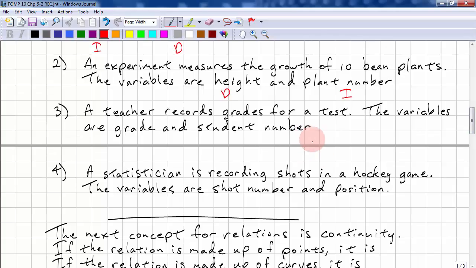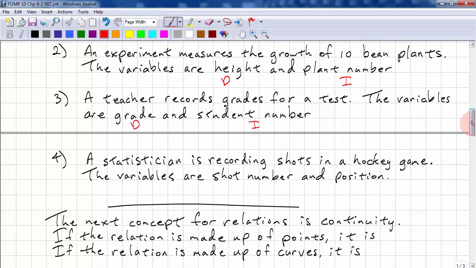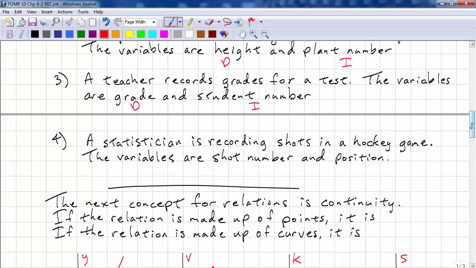3. Teacher records grades for a test. The variables are grade and student number. The student number is the independent variable. The grade depends on the student. The last one, a statistician is recording shots in a hockey game. The variables are the shot number and the position.